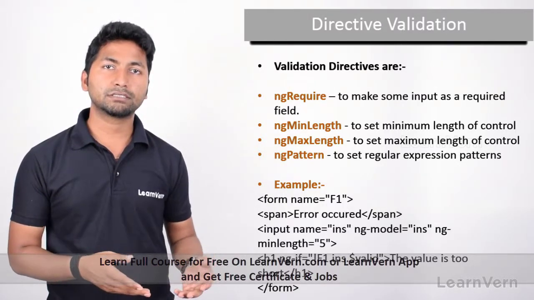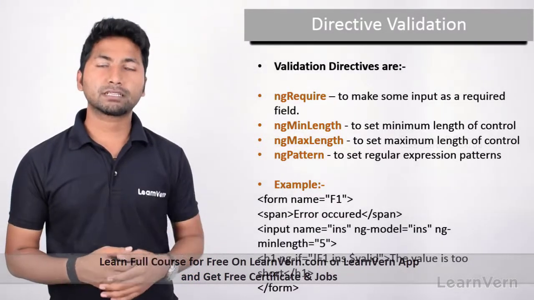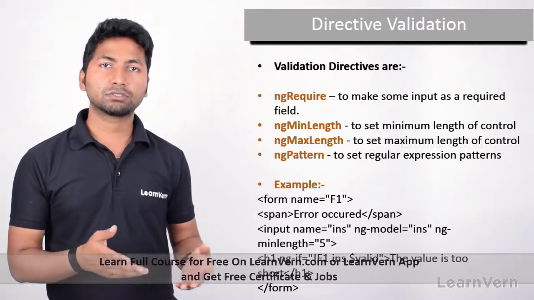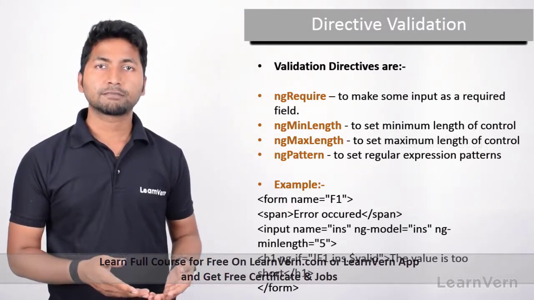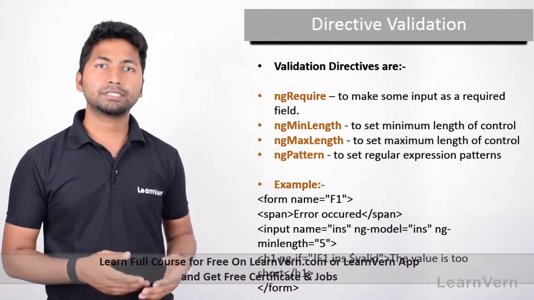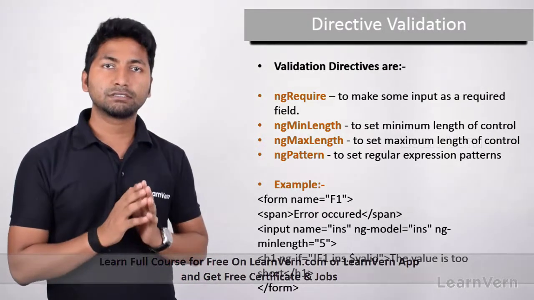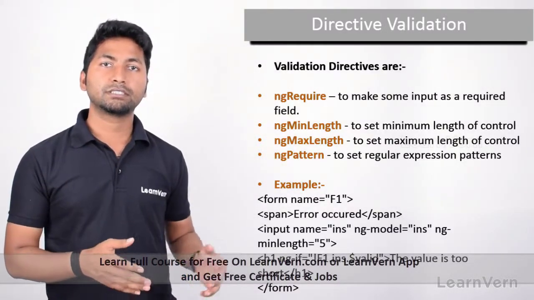There are many directives present for validation. You can use min length, max length, pattern. So this is ng-pattern, ng-minlength, ng-maxlength, required. These are your inbuilt validation directives. Through these only you can achieve the validation.